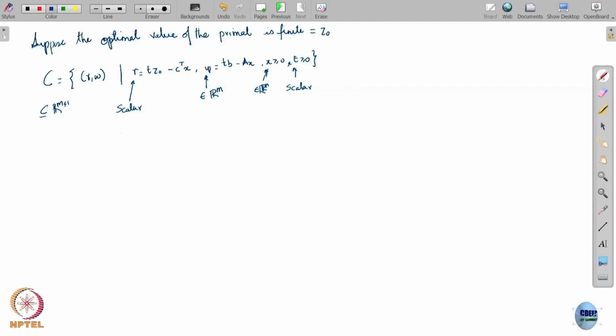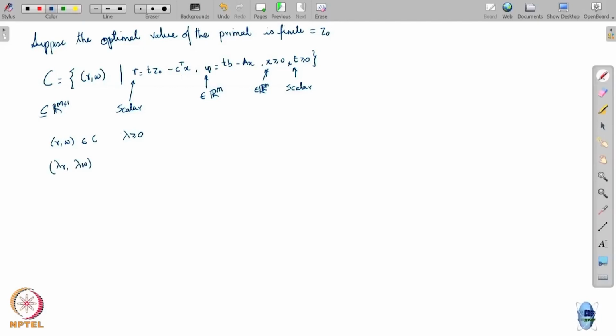Now let us ask what kind of a set C is. Suppose (R, W) belongs to C, and I give you a lambda greater than or equal to 0. What can you say about (lambda R, lambda W)?